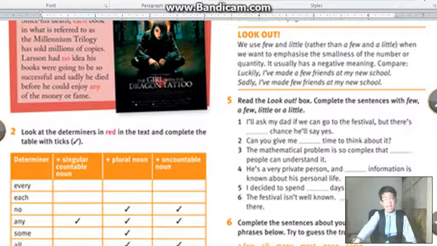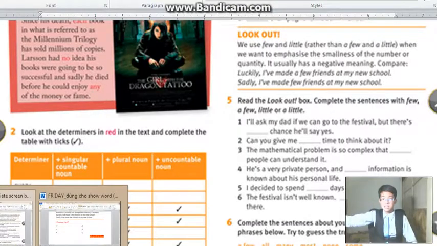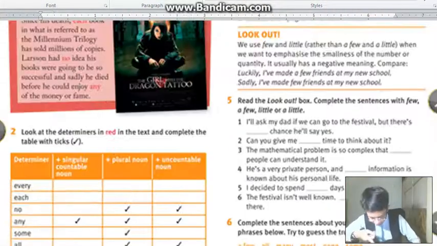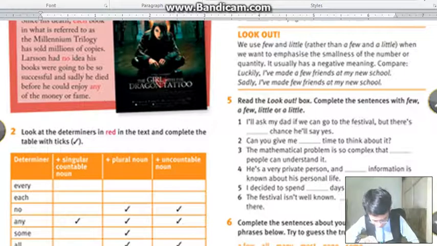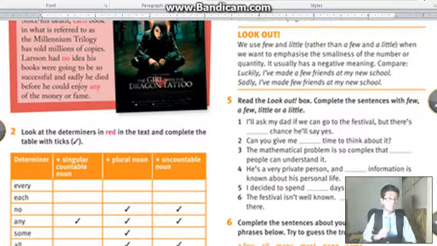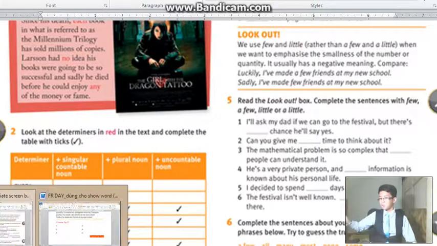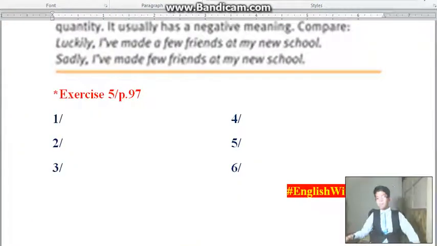But there's few chance, or you can say little chance if you want to, because let me check. Few, yes, little. Alright, so because chances is countable, alright? But little means uncountable, so you have to find the differences between those two.